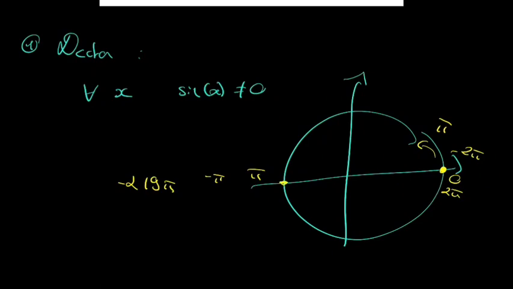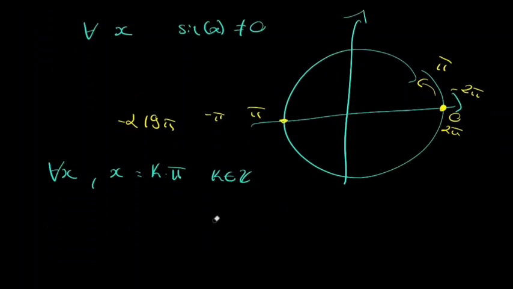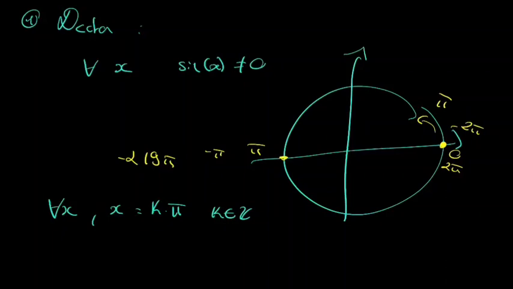So how to write this down in terms of mathematics? We can say that this is for all x such that x can be written as k times pi, with k a relative integer, so every multiple of pi. This can be 1 times pi, 2013 times pi, minus 19 times pi, as long as what's in front is a relative integer. So now we don't want those x's.